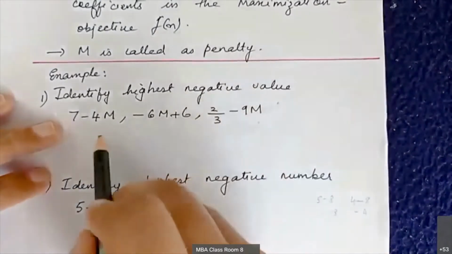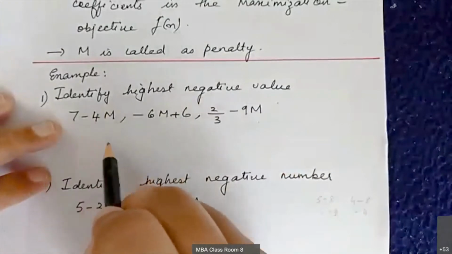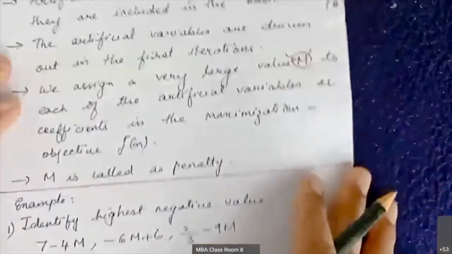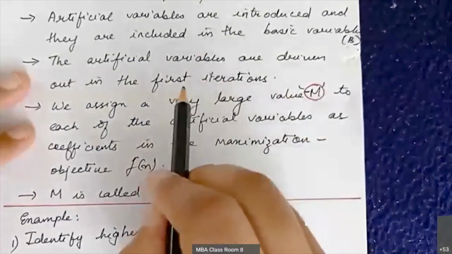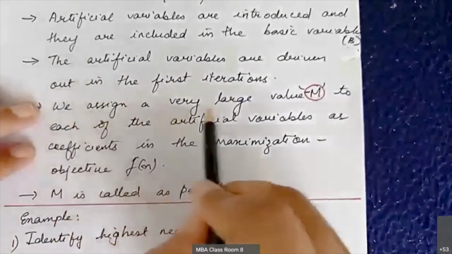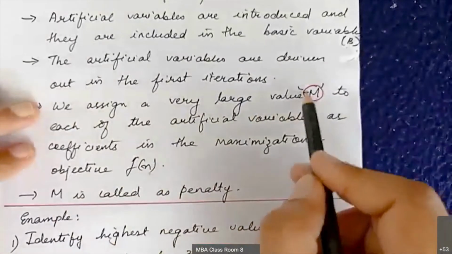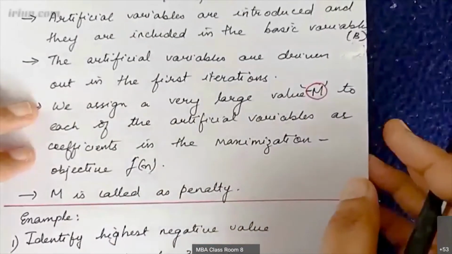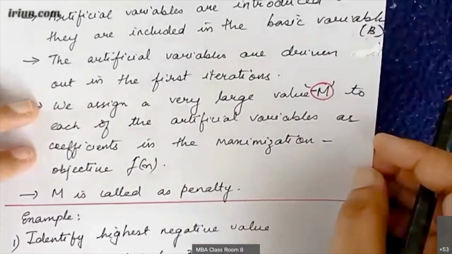In this, how do we select the highest negative value? You have to remember that we have told over here, we assign a very large value minus M. So this M is actually a very large number. You have to consider M as a very, very large number.